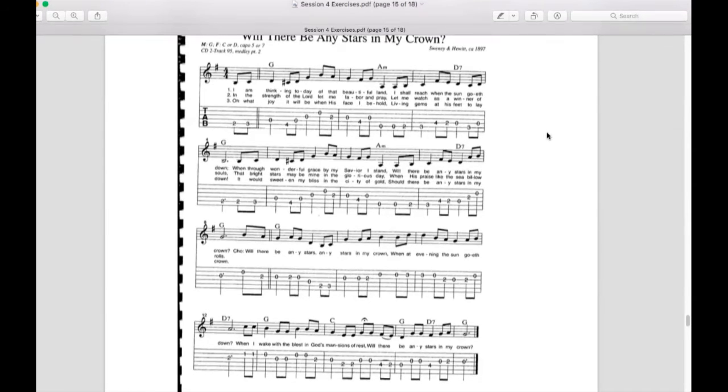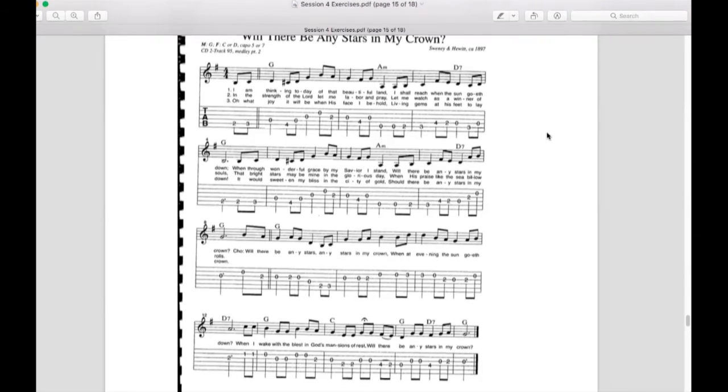I am thinking today of that beautiful land I shall reach when the sun goes down. When through wonderful grace my Savior I stand, will there be any stars in my crown?